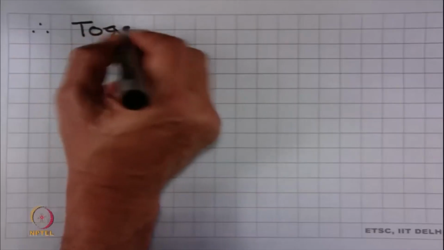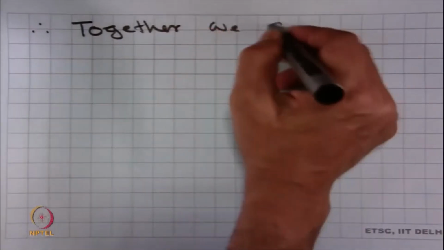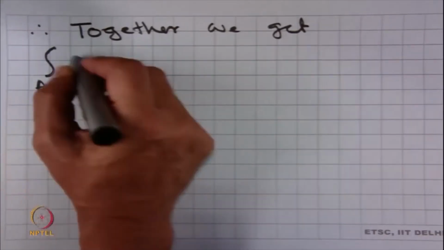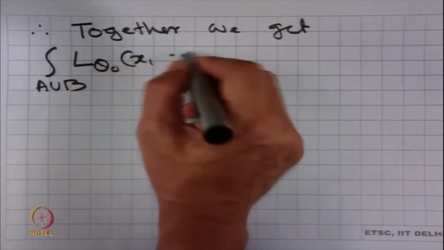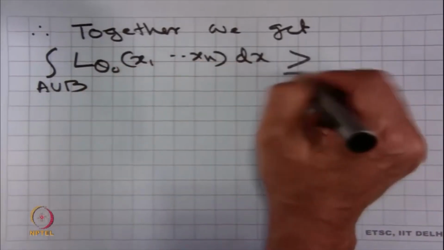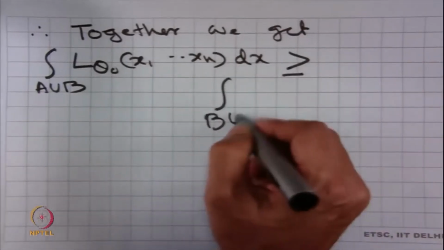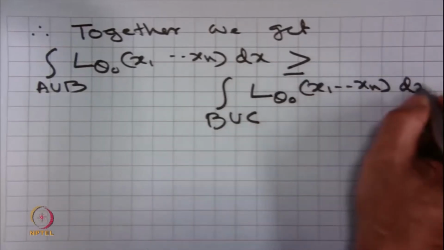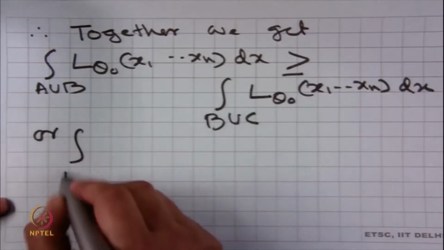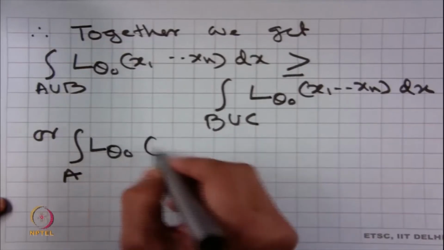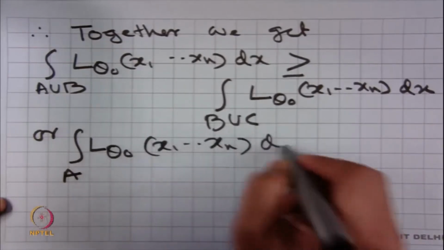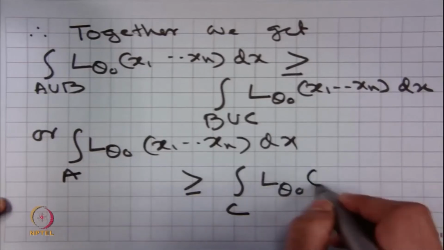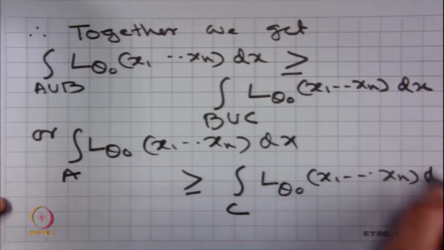Therefore, together we get integration over A union B of L theta 0 of x 1, x 2, x n dx is greater than or equal to integration over B union C of L theta 0 of x 1, x 2, x n dx, or integration over A of L theta 0 is greater than or equal to integration over C of L theta 0 of x 1, x 2, x n dx.